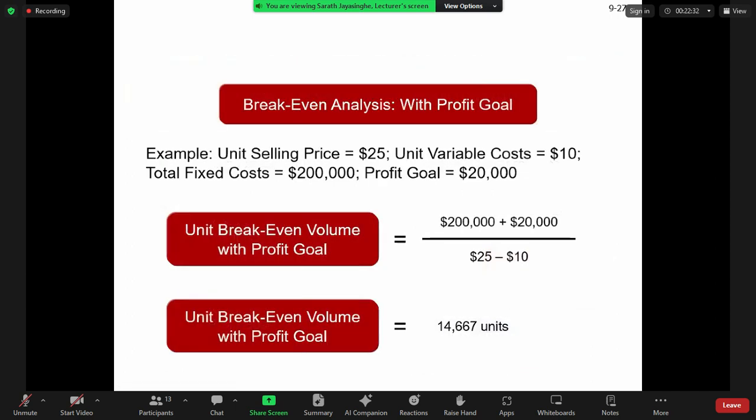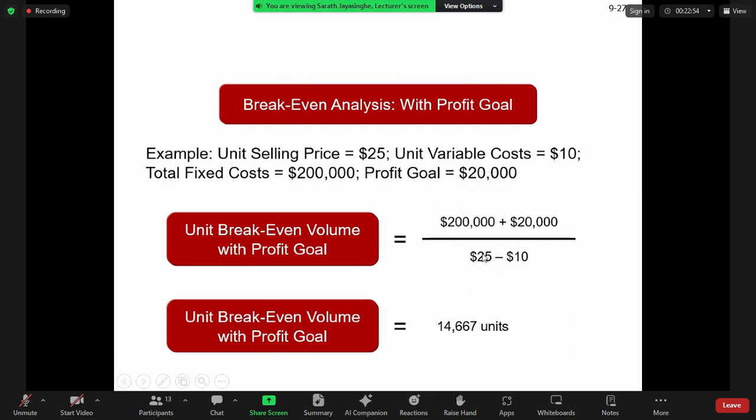Let us get some example and say break-even analysis with profit goal. Example: unit selling price $25, unit variable cost $10, and fixed cost 200,000, and profit goal 20,000. Right? This is fixed cost plus profit goal.